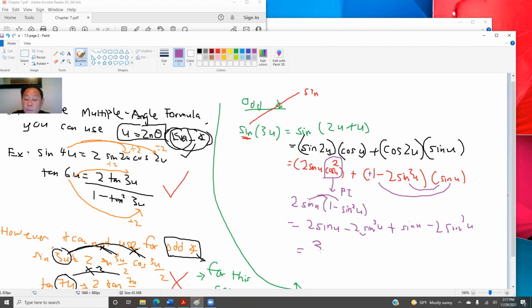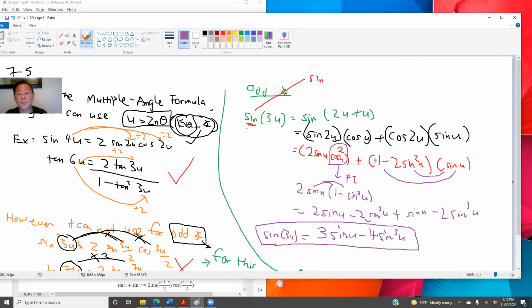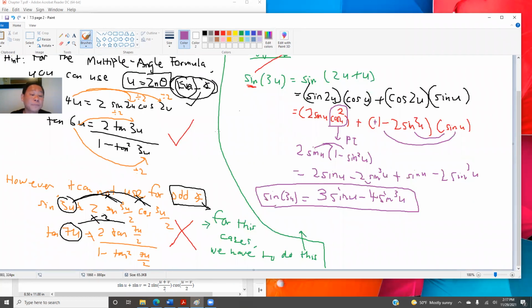So this will give me 3 sine u minus 4 sine cubed u. So for sine 3u, your formula is 3 sine u minus 4 sine cubed u. This is what happens when you have odd angles. Since we cannot use the multiple angle formulas directly, you have to break it up in this way. Okay, and this is for sine 3u.